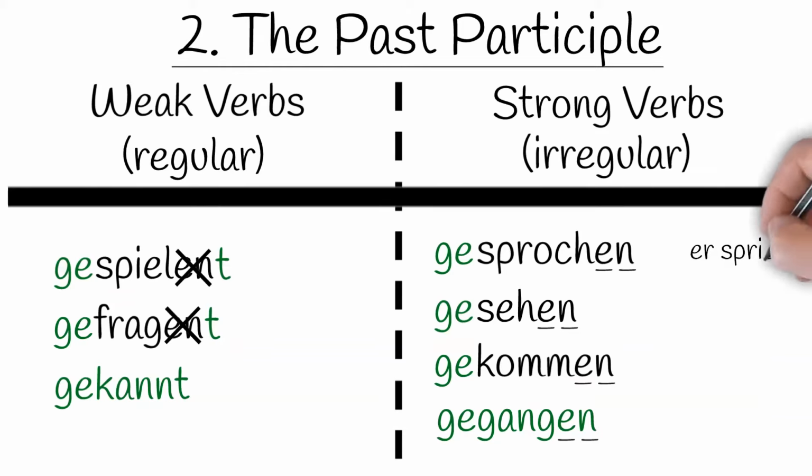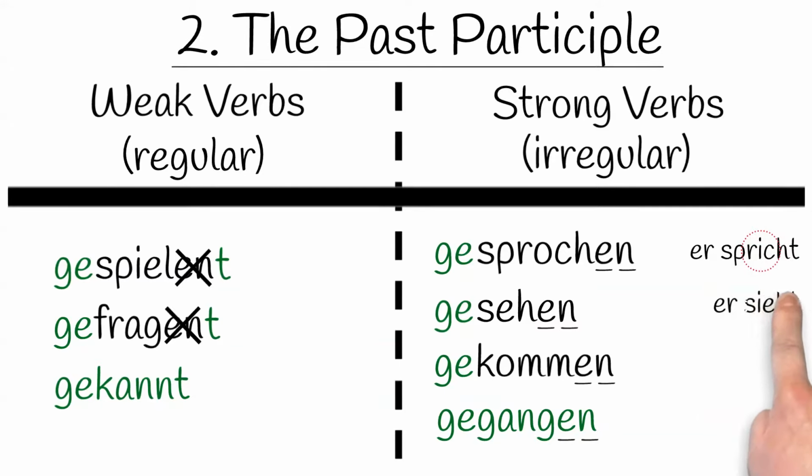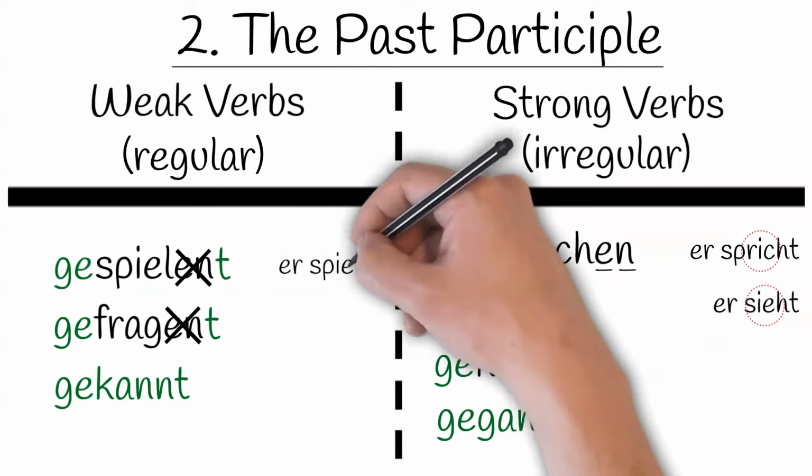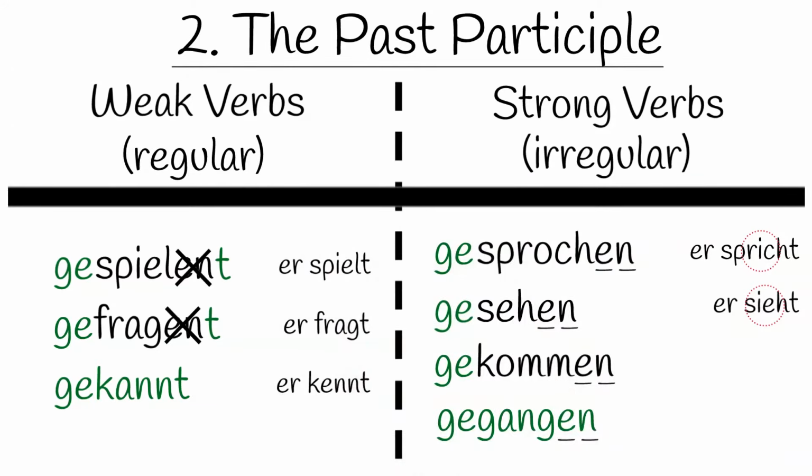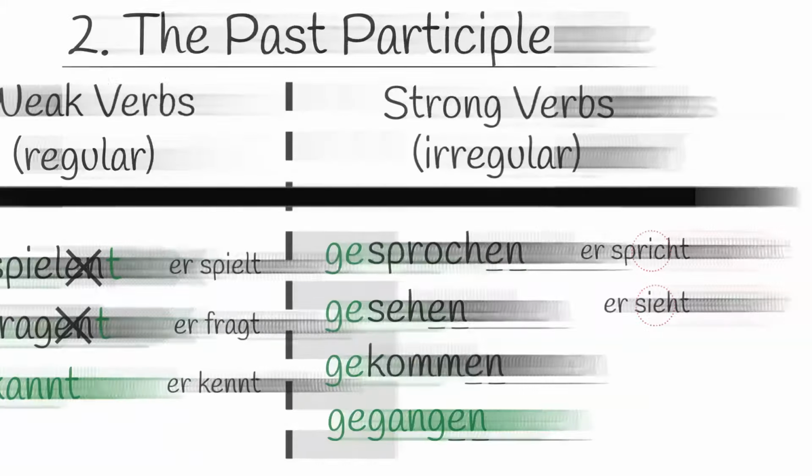So for example, spricht, we have an I instead of an E, so that is a strong verb with an en. For example, in sieht as well, the E has become an IE, and so that's also a strong verb. But if we look over the other side of the table, spielt, fragt, kennt, those don't change at all, and so they very clearly belong in the regular category.